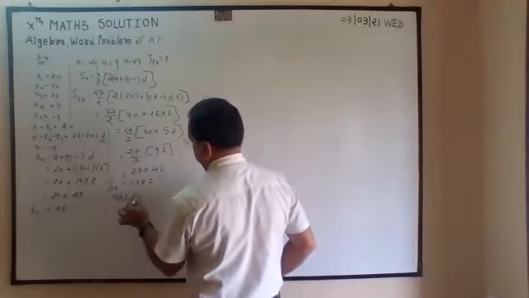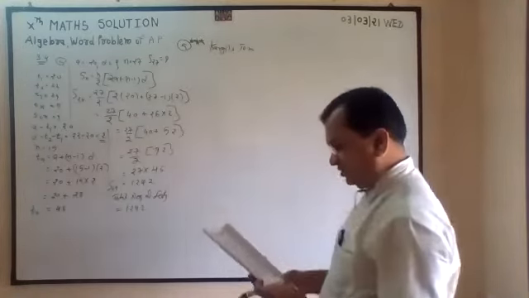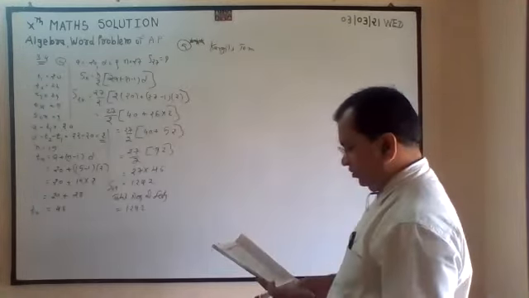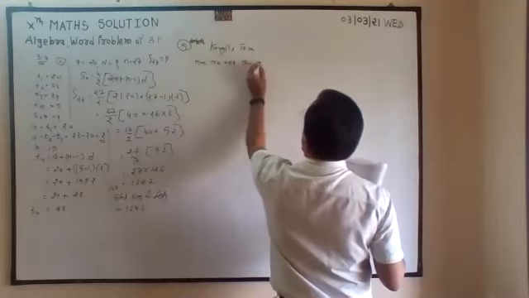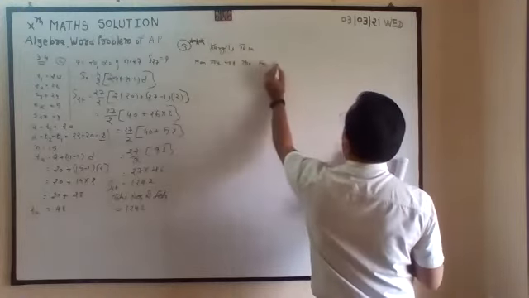Fifth one, double star, triple star. Kargil's temperature in a week from Monday to Saturday: Monday, Tuesday, Wednesday, Thursday, Friday, Saturday.